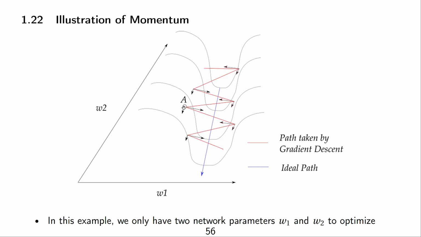So computing some running mean, this would let us keep this direction here, but this constant bouncing around, these oscillations would be averaged out. So in the ideal case, one could hope that the exponentially moving average of the gradient would look more like this blue line down here.